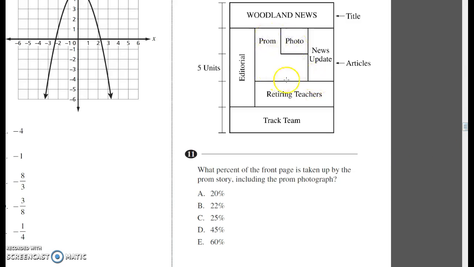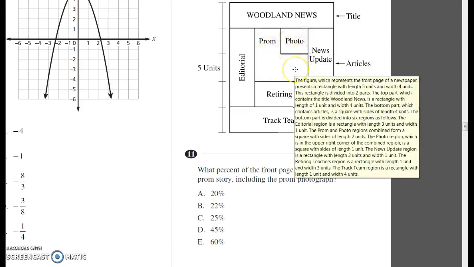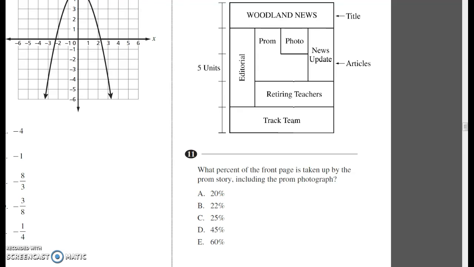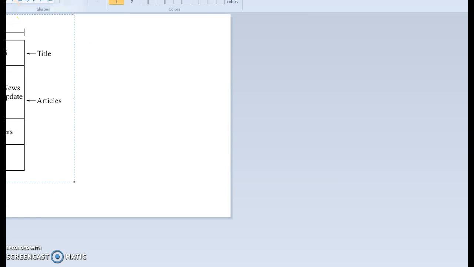So we're trying to figure out the percent of the picture that deals with this right here, the photo and the prom right here. And what you're going to notice is if we were to take these lines out, we would end up with a big square right here in the middle. So that's the area that we're looking at. I'm going to move to my other program real quick.